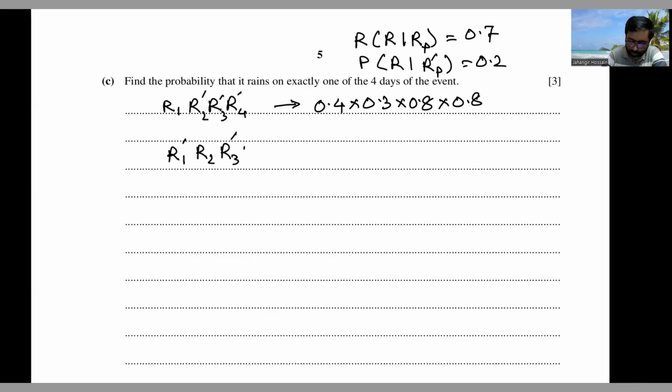Not rain on Sunday, rains on Monday, does not rain on Tuesday and Wednesday. So not rain on Sunday, 0.6, rain on Monday, 0.2, so not rained on the next day, 0.3, not rain, so not rain next day, 0.8. Then rain on Tuesday.